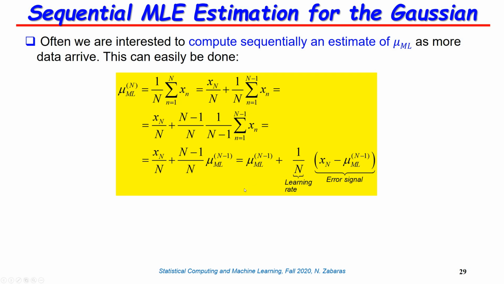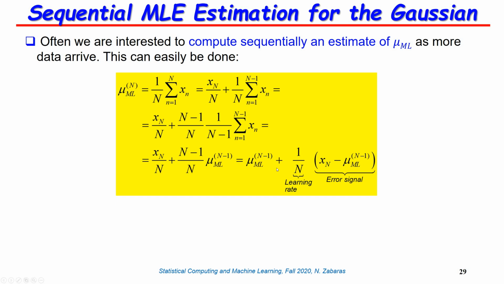So if you follow this simple algebra, nothing major, you can immediately see analytically that my estimator for n points is nothing else but my estimator for n-1 points plus 1 over n times xn minus my estimator for n-1 points.